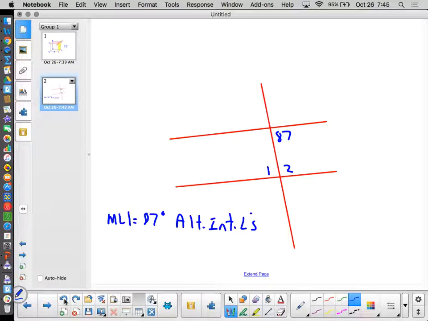All right? How about the measure of angle 2? What's that going to be? 93 degrees. Why? What kind of angle pair with 87? Consecutive interior.